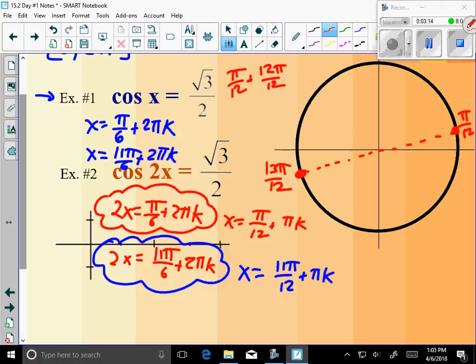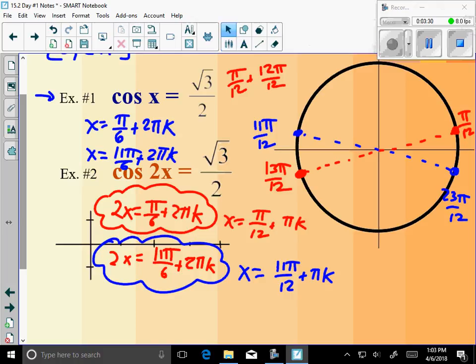Okay, 11 pi over 12 would be here. And if we add pi to that, it'd be just short of 25 pi over 12, right? 23. So that'd be 23 pi over 12. So there are your 4 solutions. And then those could go on forever if we add 2 pi k times, whatever k we want. All right, there's our 4 solutions.